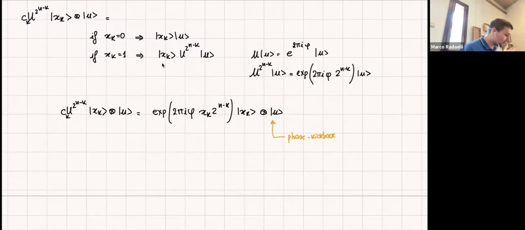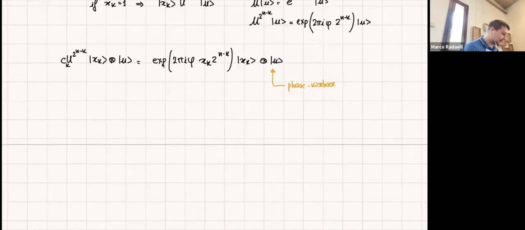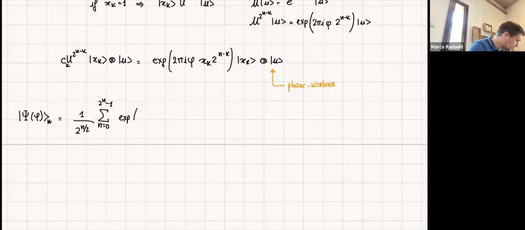Why is this useful? Because if we put together what happens to all qubits, the final state is 1 over 2^(n/2), sum from x = 0 to 2^n - 1 of exp(2πiφx) |x⟩.